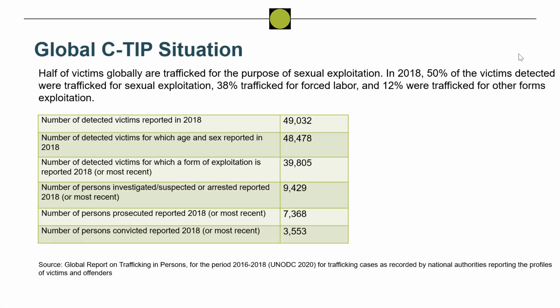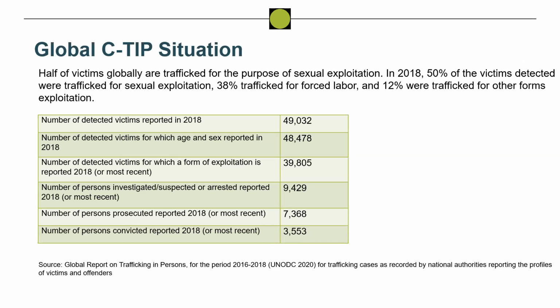Thank you, Meg. And just to bring to our attention this afternoon, this evening, this morning, wherever we are, that globally the counter-trafficking in person situation has been estimated or even measured in different ways.